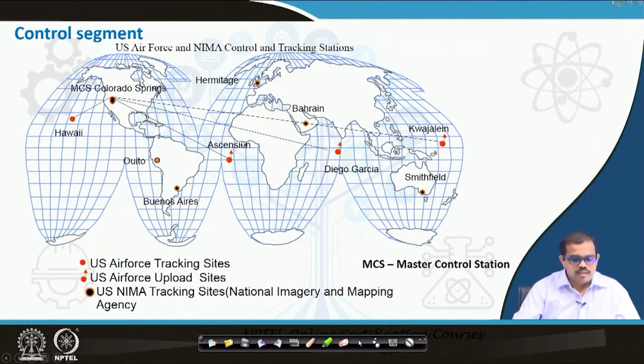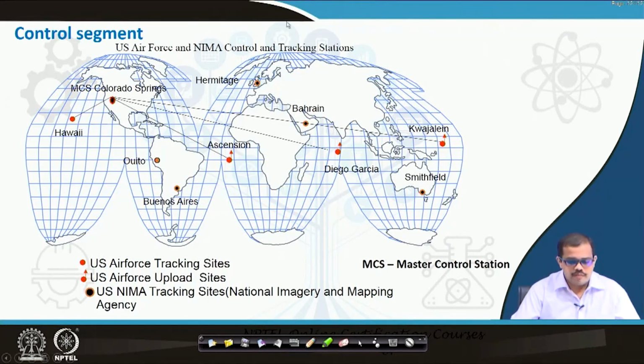Then you have the US Air Force upload sites, which are mentioned with an arrow here. These are the sites where the US Air Force looks at the particular position of the satellites. It is also mentioned that it is quite precise in terms of Air Force applications. And when you look at the US NIMA tracking sites, that is the National Imagery and Mapping Agency, which is probably for your public interface.